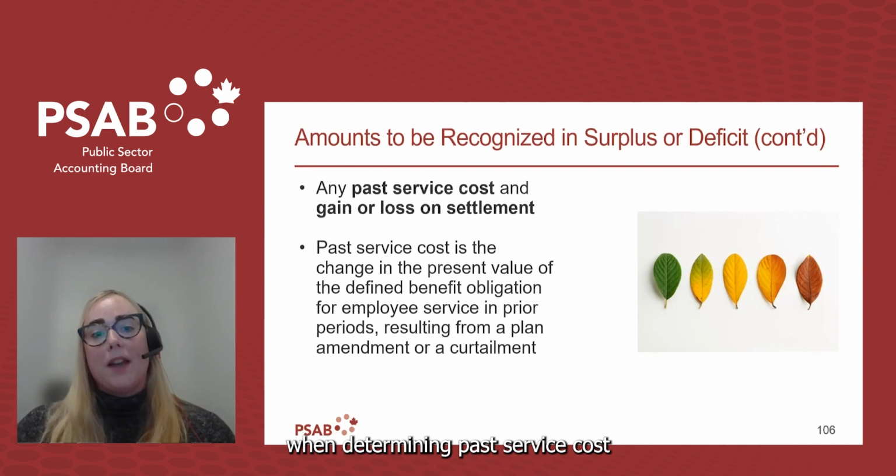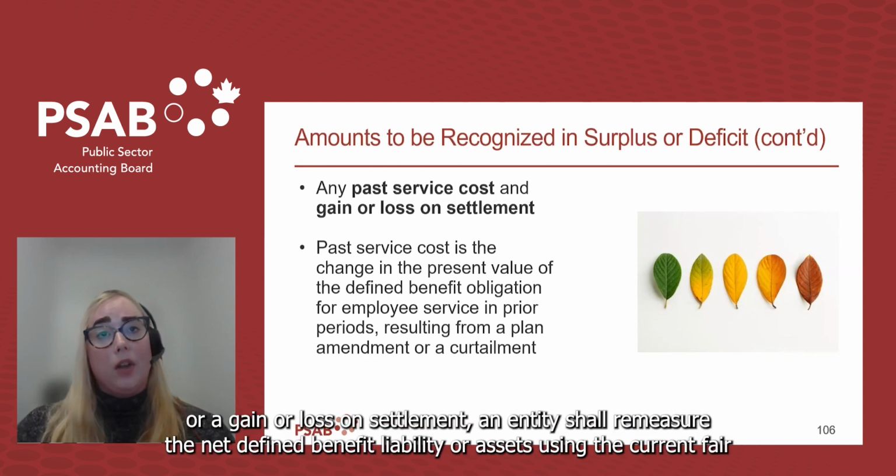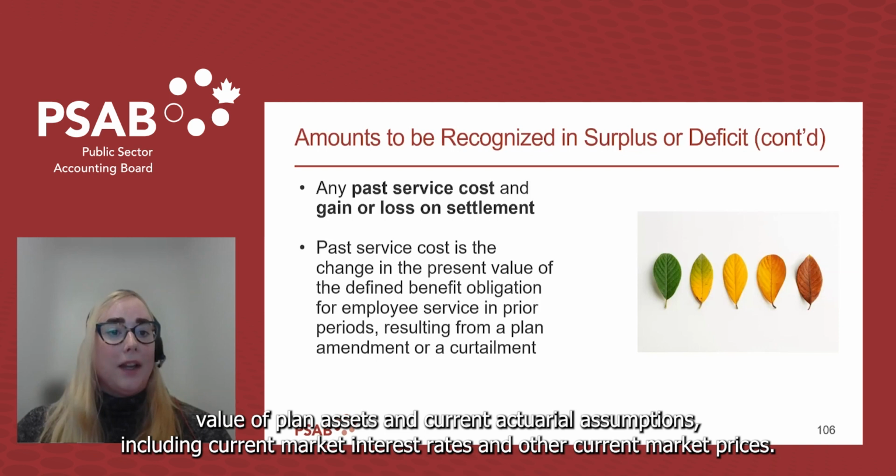When determining past service cost or a gain or loss on settlement, an entity shall remeasure the net defined benefit liability or asset using the current fair value of plan assets and current actuarial assumptions, including current market interest rates and other current market prices.